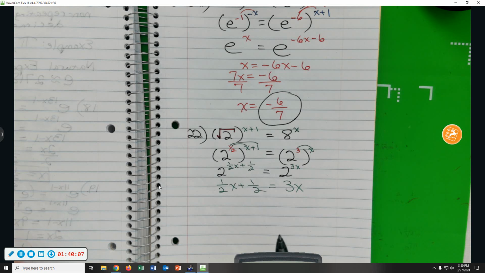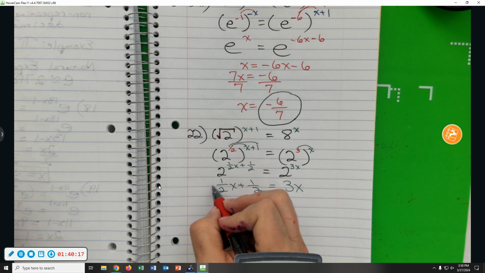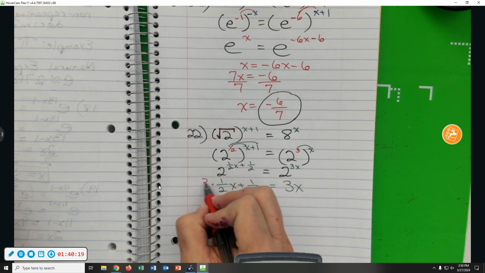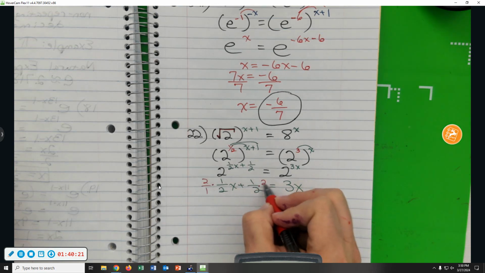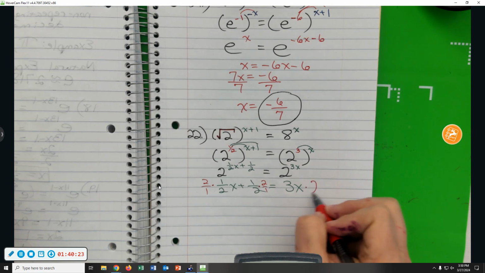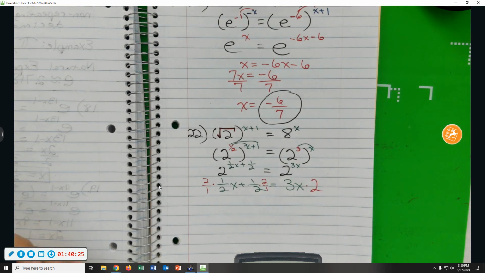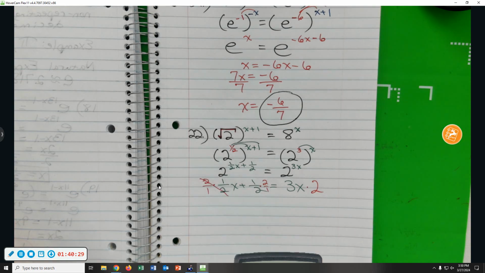How many total terms do I have? 3. I have 2 on the left, 1 on the right. I'm going to go through multiplying by 2. Multiply all 3 terms by 2. The first product, the 2's cancel, leaving me with what?